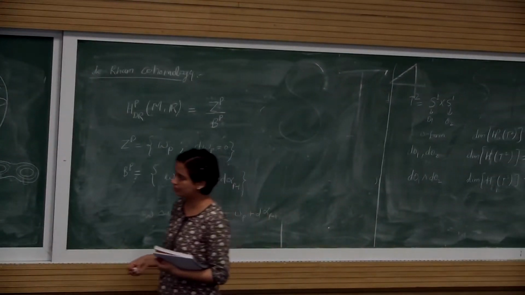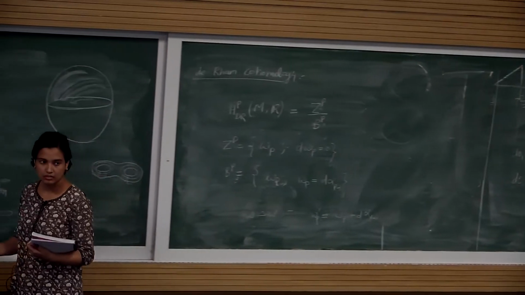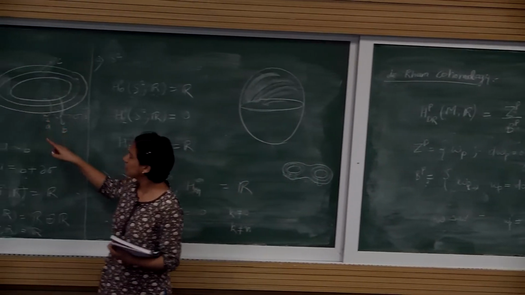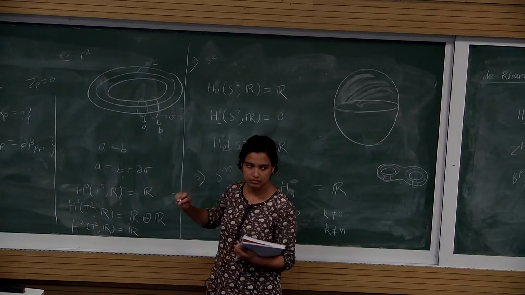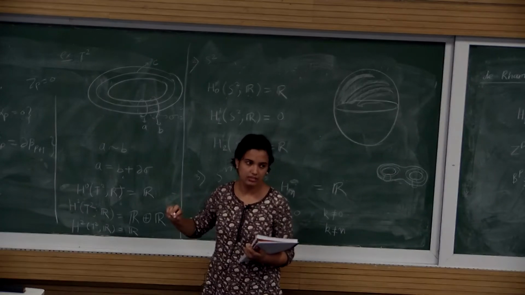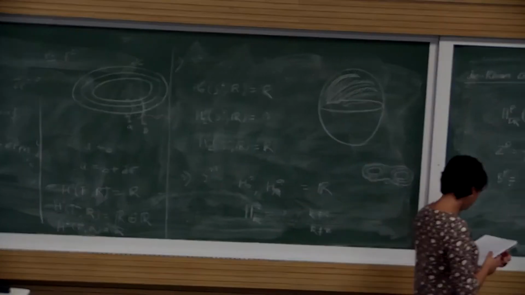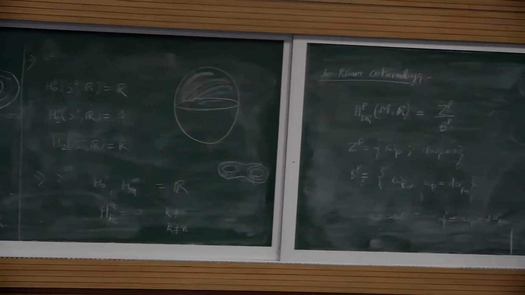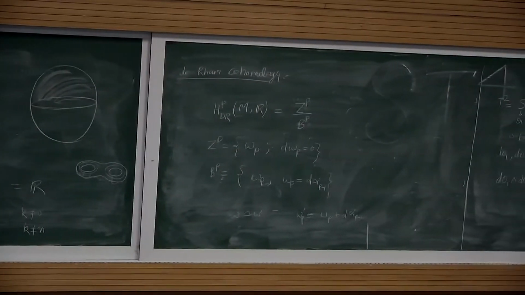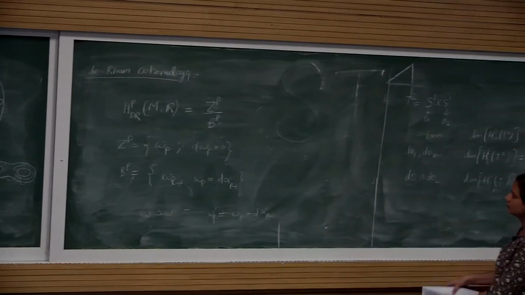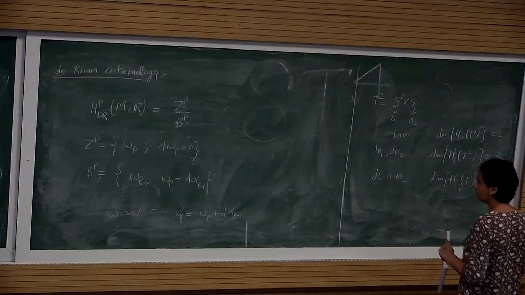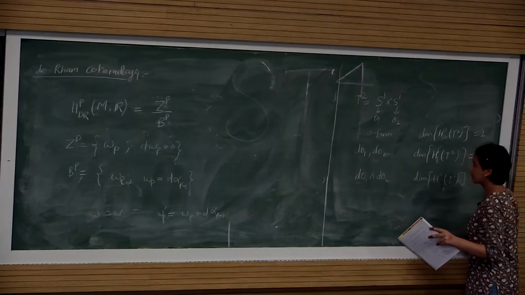Yes. But in total it's like going and coming back, so it's not like a boundary. Yes, it's just going and coming back. So yes, it is not a boundary of anything. Is that okay? Should I prove?